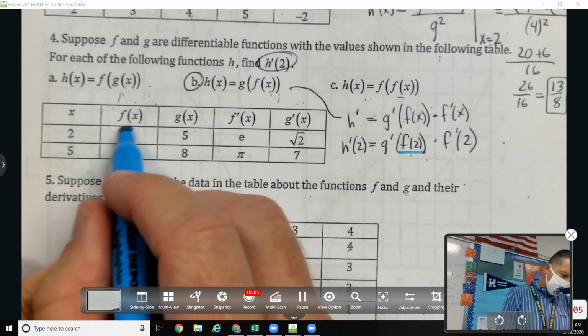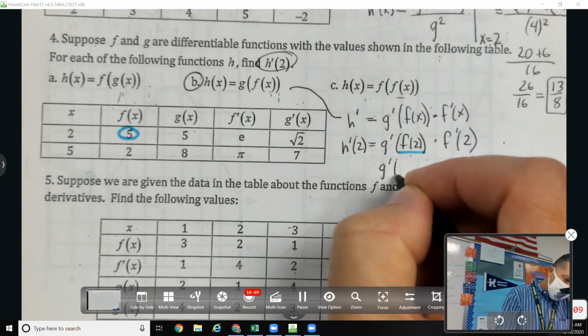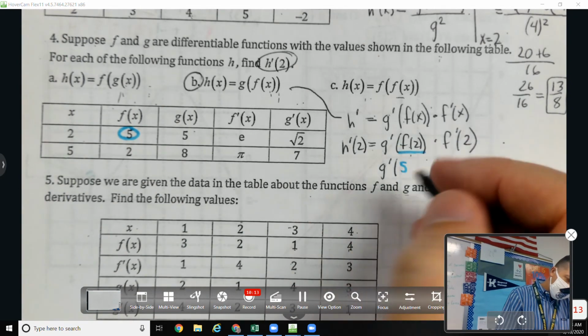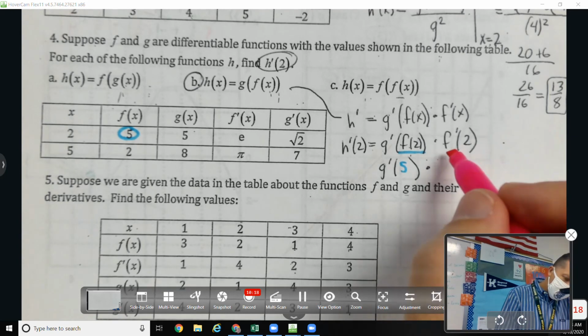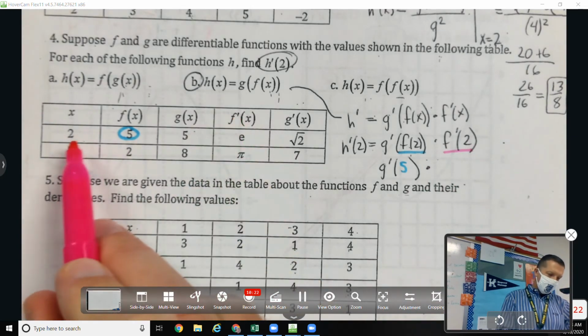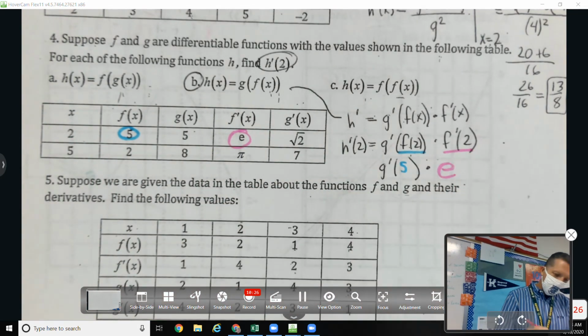F of 2 is 5. So g prime of 5 times f prime of 2. So f prime at 2 is e. Well, that's okay, different, but whatever. E and pi are just numbers, so okay, we can deal with that.